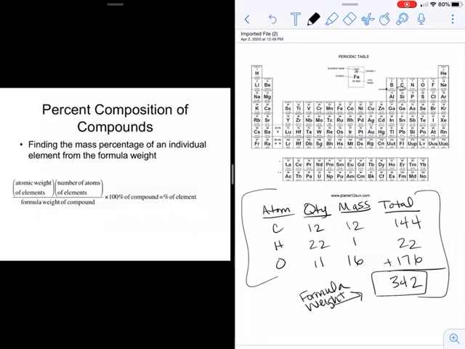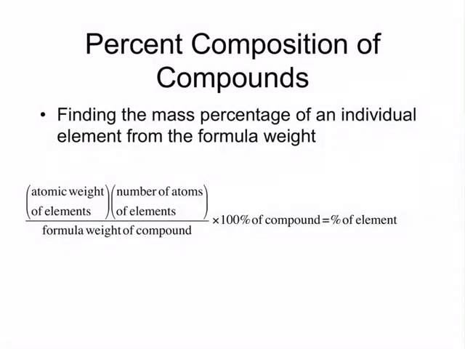Let's go on to our next slide. All right, so this is for percent composition. This is like saying, what if you just wanted to know what percentage of the whole compound one of the elements was?